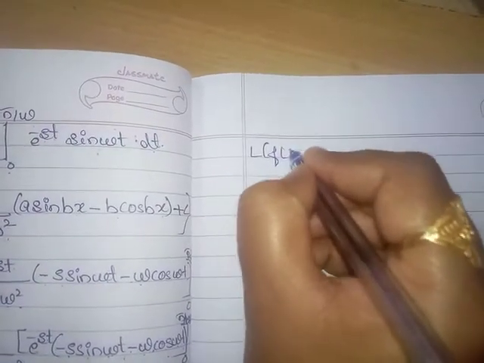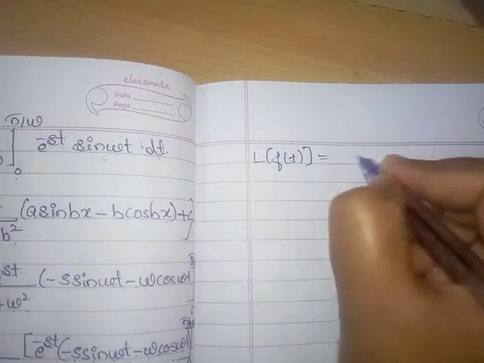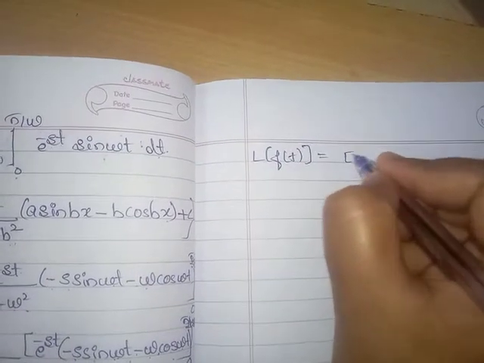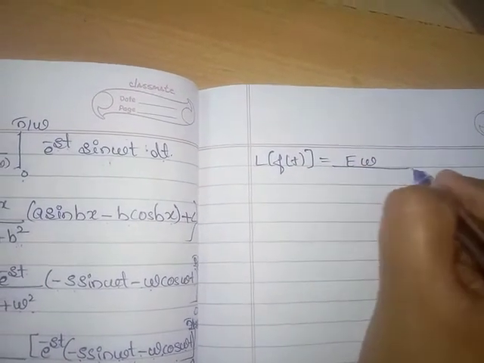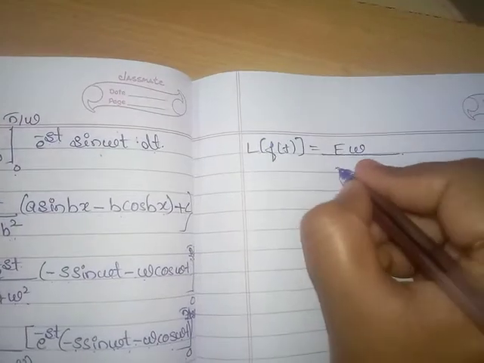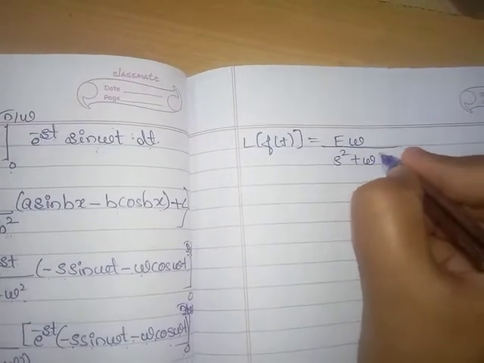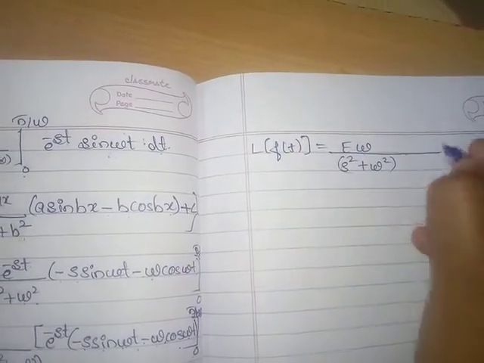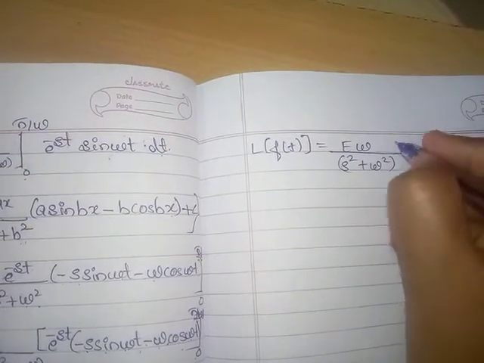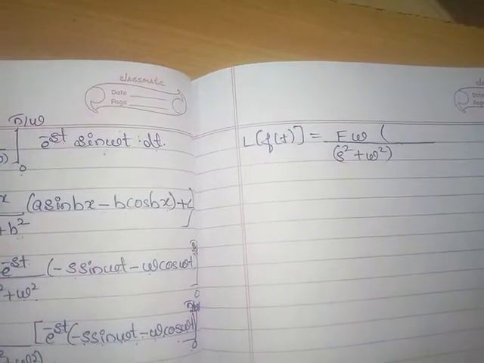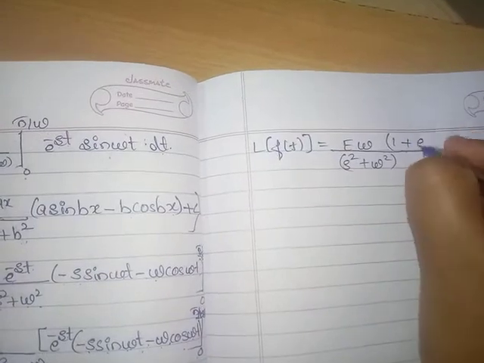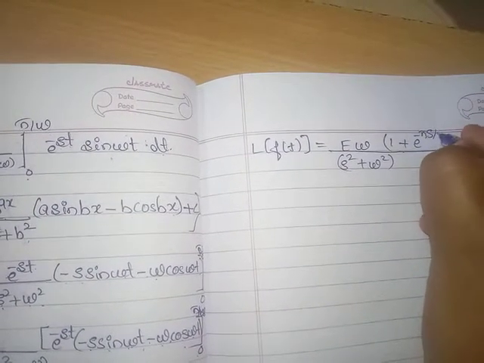Laplace transform of f of t is equal to e omega divided by s square plus omega square. The s square plus omega square term I will write first. See here, when we multiply, otherwise I will write one extra step here, s divided by omega.